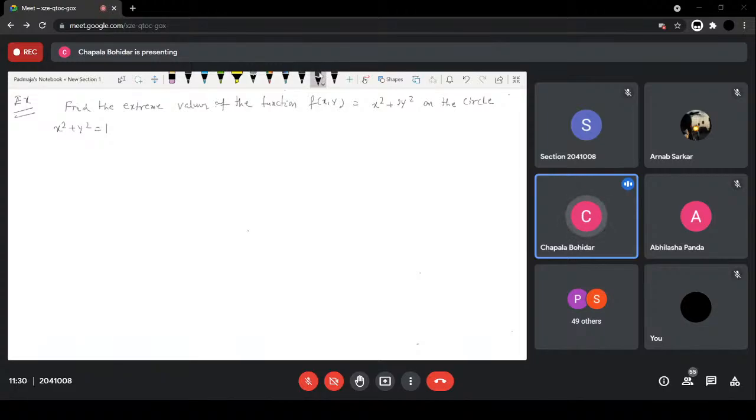The constraint is given, g(x, y), with two variables. You may get a simple question of two variables like this. Since the constraint is given and we find the extreme value of the function, it is either a maximum or a minimum.